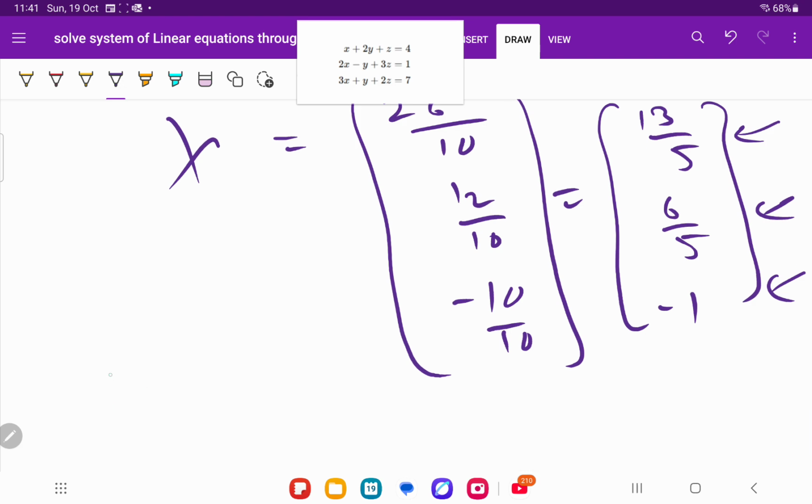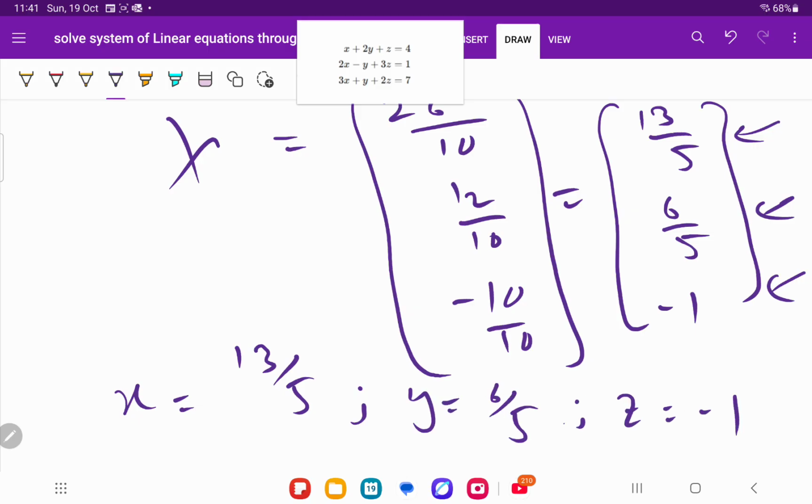So we can write here x is 13 by 5, y is 6 by 5 and z is equal to minus 1. That is the solution of the system of linear equations.